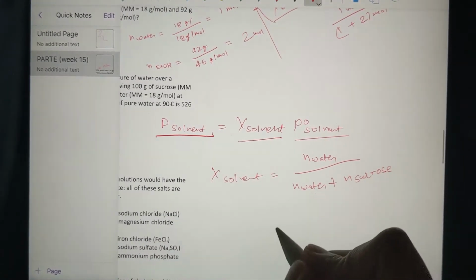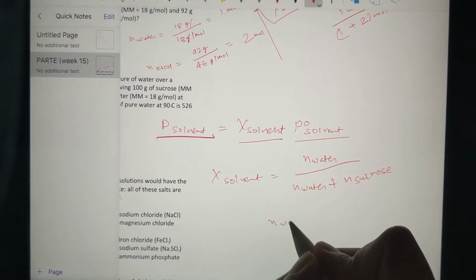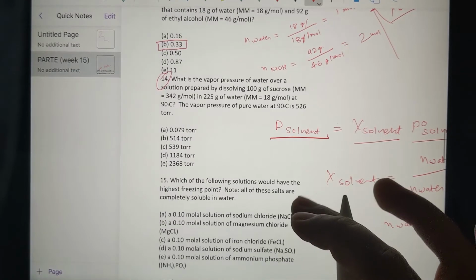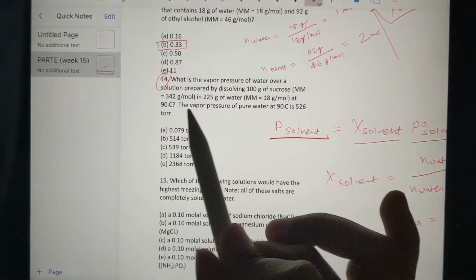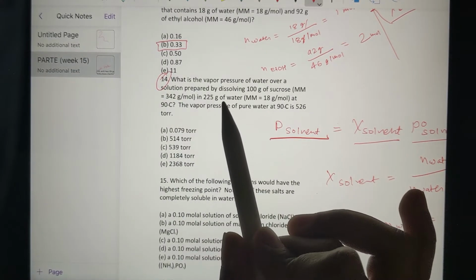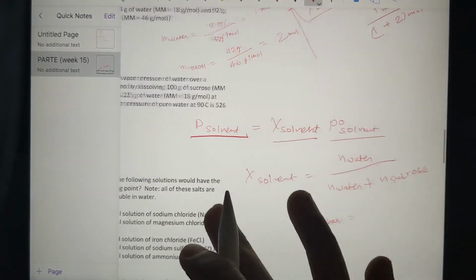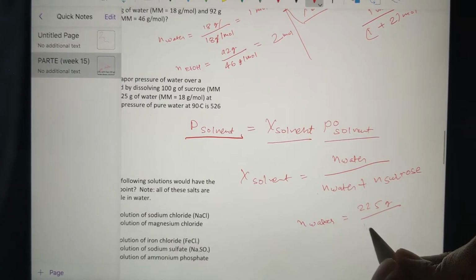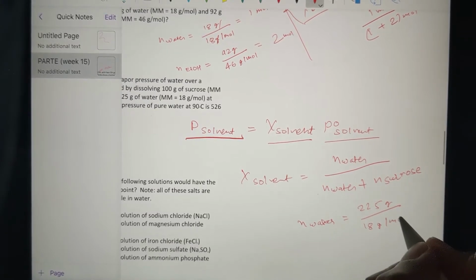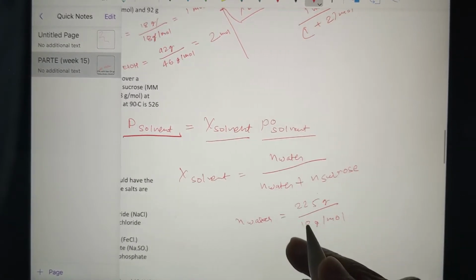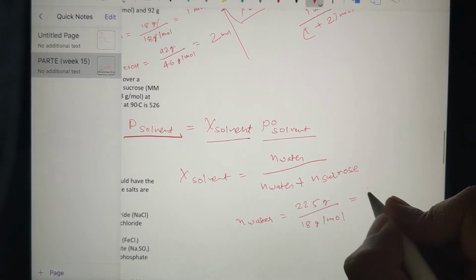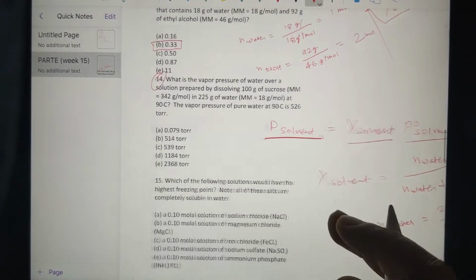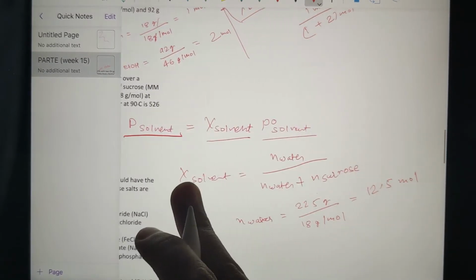Okay, so number of moles of water is going to be, how much do you have here? 225 gram divided by the molecular weight, which is 12.5 mole.